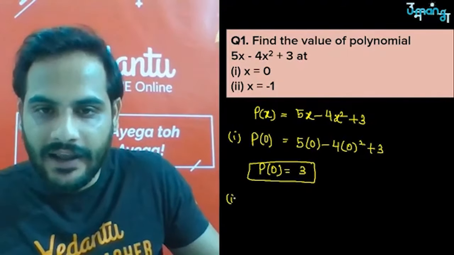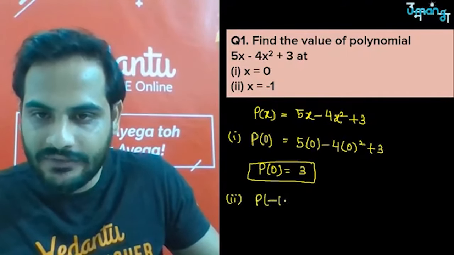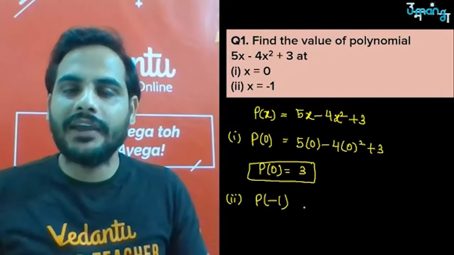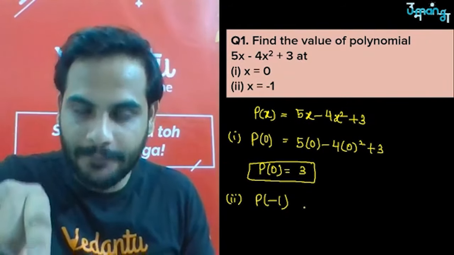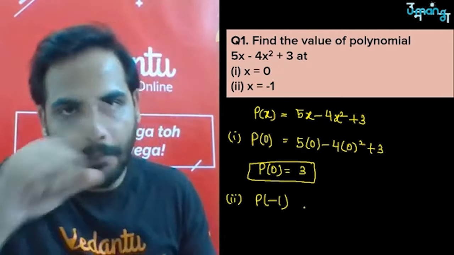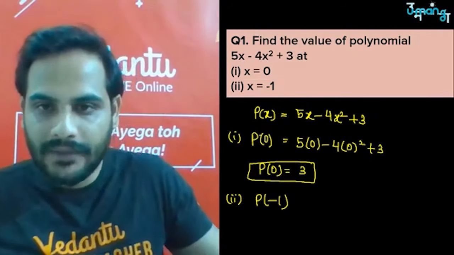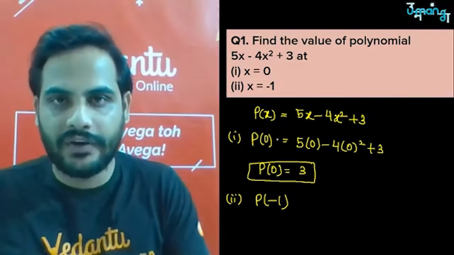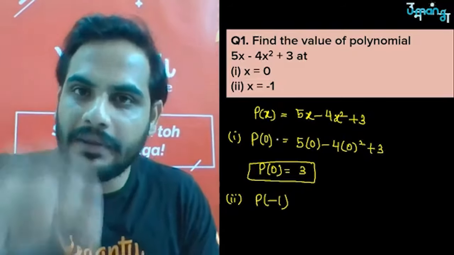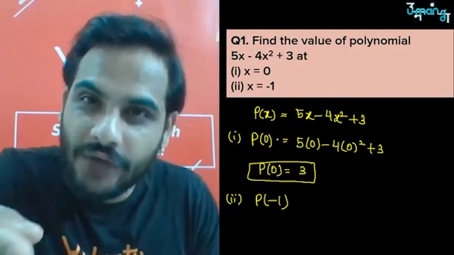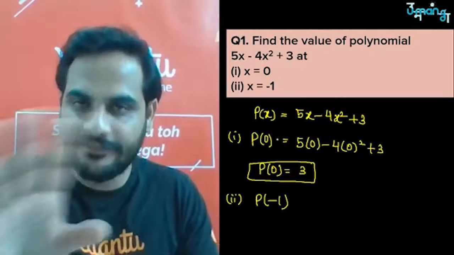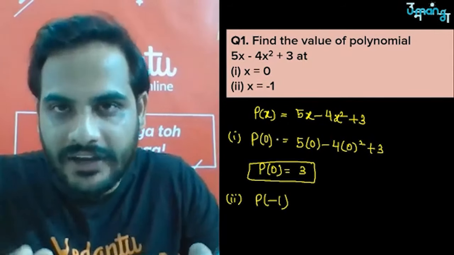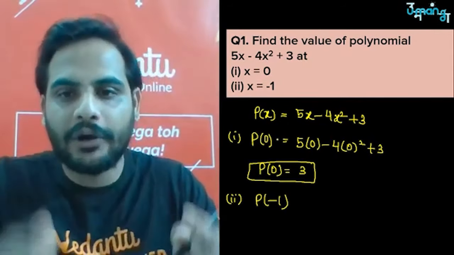Similarly, if I write p(minus 1), directly you can say the value of the polynomial at x is equal to minus 1. So here, p(0) is equal to 3. The value of the variable is 0, but the value of the polynomial is 3. So this is the difference over here.